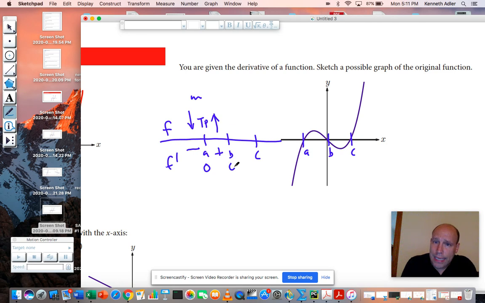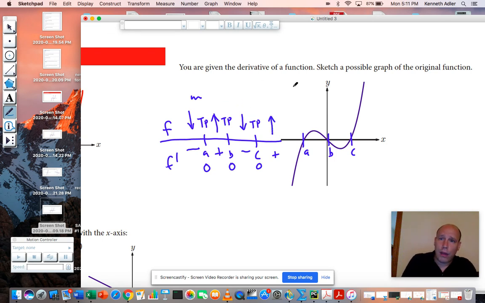Once again, B is 0. That means there was a turning point. What's going on between B and C? The curve is below the x-axis, so it's negative. Therefore, the function is decreasing. At C, it's 0, which means the function has a turning point, and from C to infinity, it's above the x-axis, which means the function is increasing.